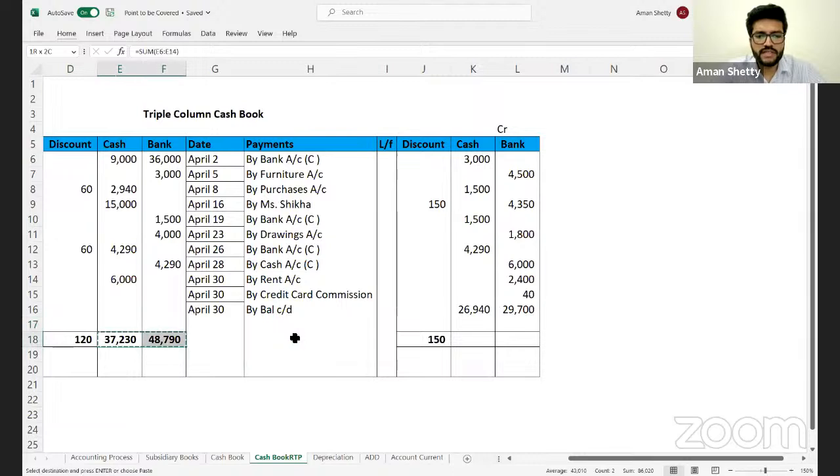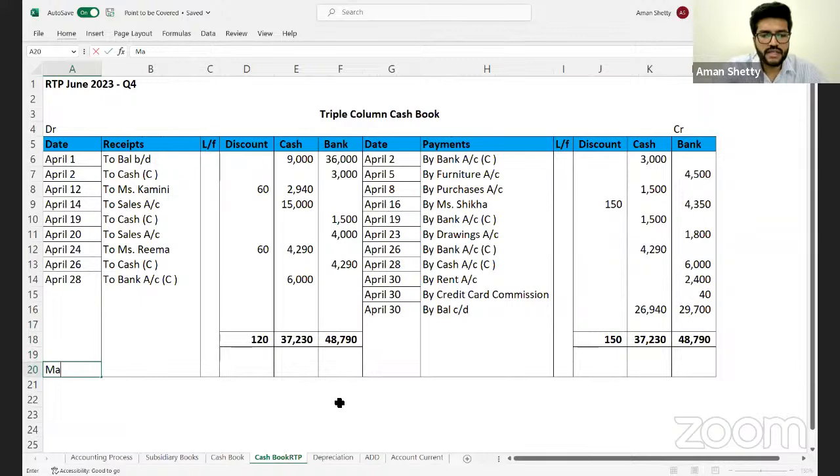Total will be the same, that is 37,230 and 48,790. Therefore, May 1st, to balance brought down, 26,940 and 29,700.